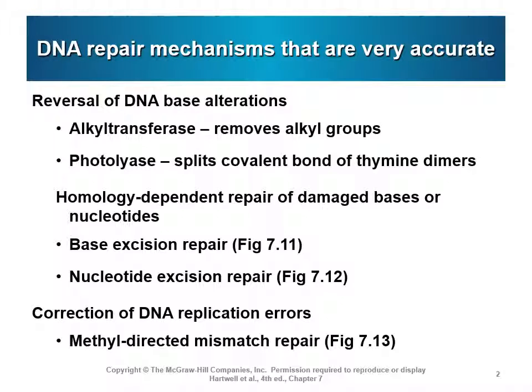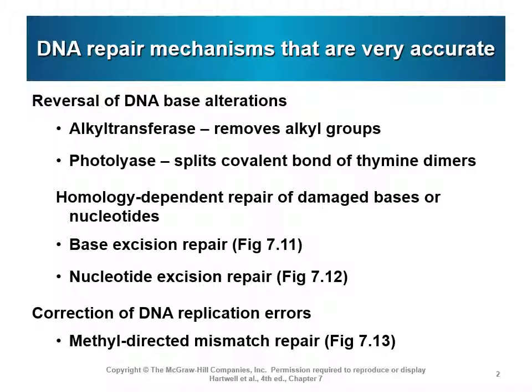However, interestingly, this agent is also triggering a mechanism in the cell that will reverse this mutagenesis. It is also causing alkyl transferase to remove the alkyl group from the molecule, which will reduce the chance of mutation within our sequence.